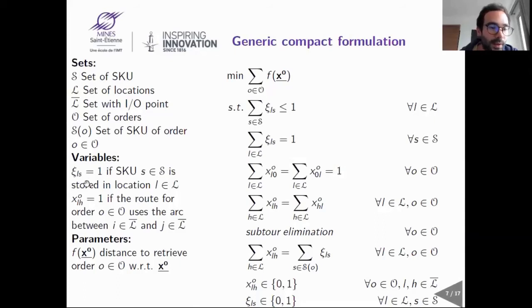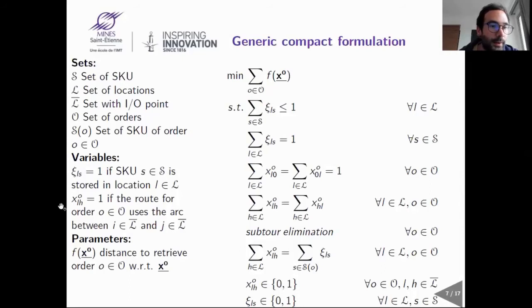So we have a set of c variables that are the assignment variables, equal to 1 if one item is stored in location l and 0 otherwise. They are associated with this set of constraints here that are classical assignment constraints. One item should be stored in one location, and one location can store at maximum one item.